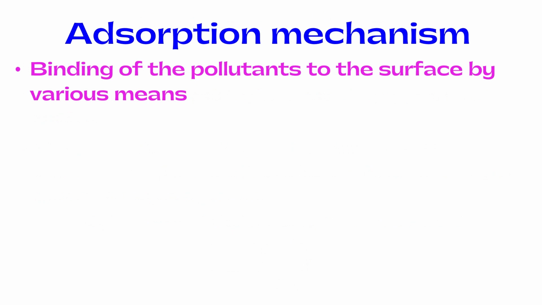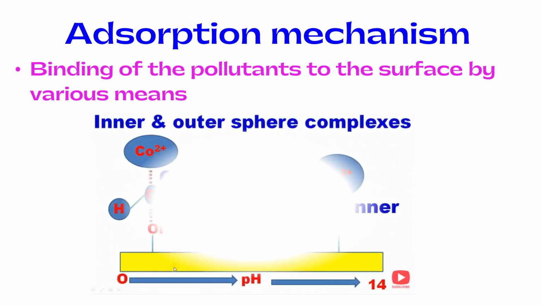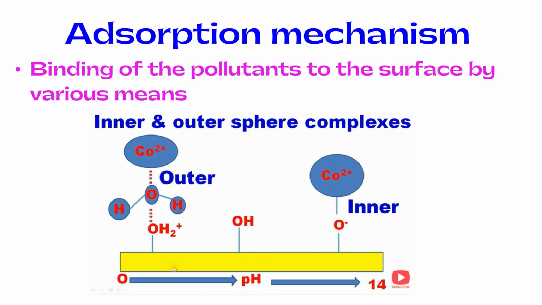Then adsorption mechanism. Adsorption mechanism is nothing but the binding of pollutants to the surface by various means. That is how pollutants bind to the surface during adsorption. Usually, adsorption mechanism is explained in terms of outer sphere and inner sphere complexation.